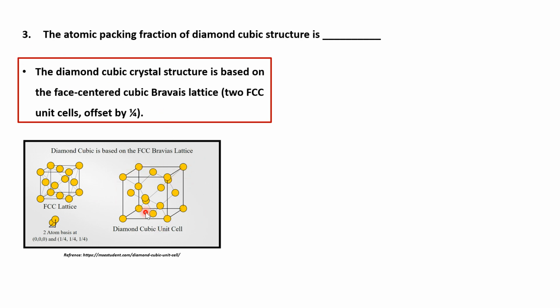So this is basically an FCC lattice. And again, if you observe, at 1 by 4th distance from these corner atoms, there will be four other atoms located. Therefore, we can say that it is a two atom basis at 0, 0, 0 and 1 by 4, 1 by 4, 1 by 4. So this is the case of a diamond cubic unit cell. Therefore, diamond cubic is based on the FCC Bravais lattice.